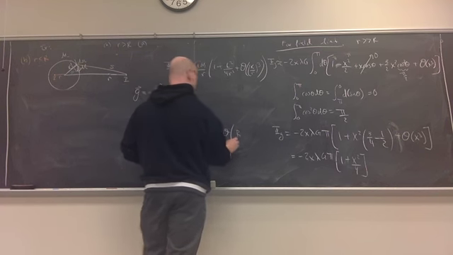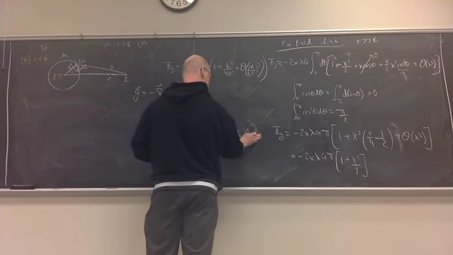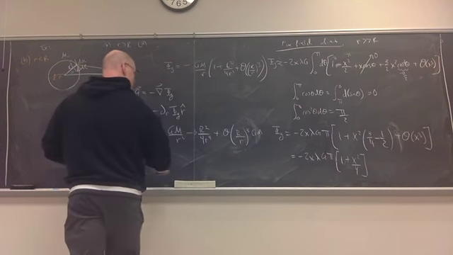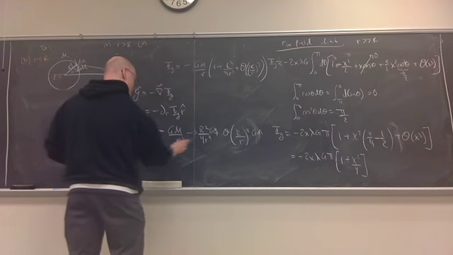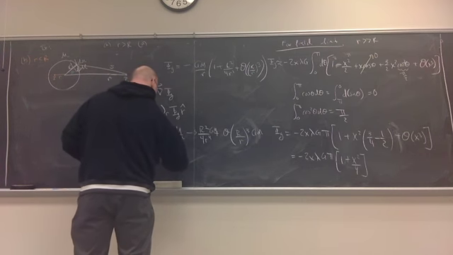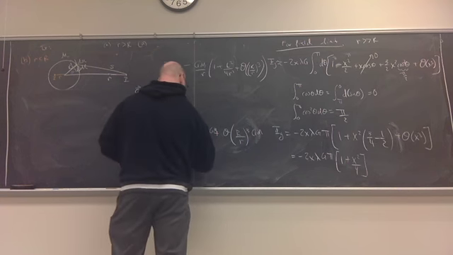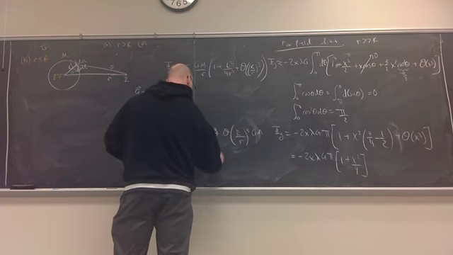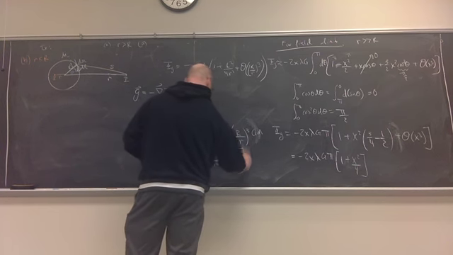Let's just write it as R over R cubed again for now, with a GM. So I also need my GM here. So we can factor out that negative. So negative GM over R squared, and then I get a 1 plus 3/4 R squared over R squared, plus higher order terms.